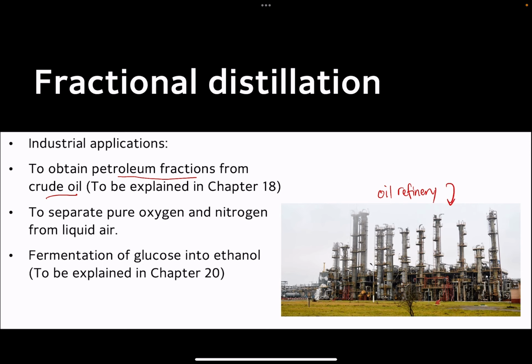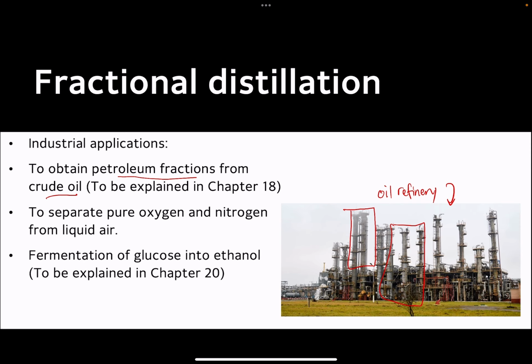This is a picture of an oil refinery. What you are seeing over here, all these are what we call fractionating towers. So it works like a fractionating column. The only difference is it could be a few stories high, not a small one like in the laboratory.